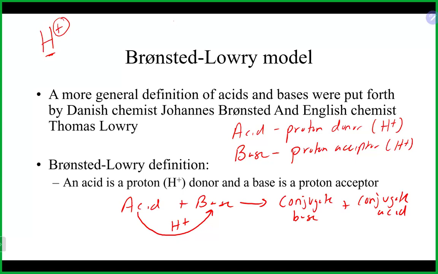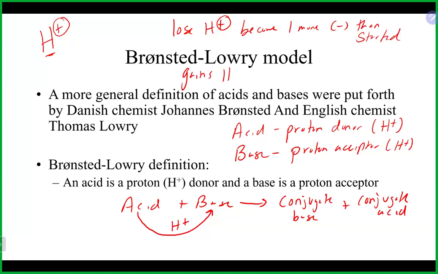So if you lose an H plus, because of the plus charge, you become one more negative than you started with, because you now have one less proton and more electrons. And if somebody gains an H plus, you become one more positive than you started with.